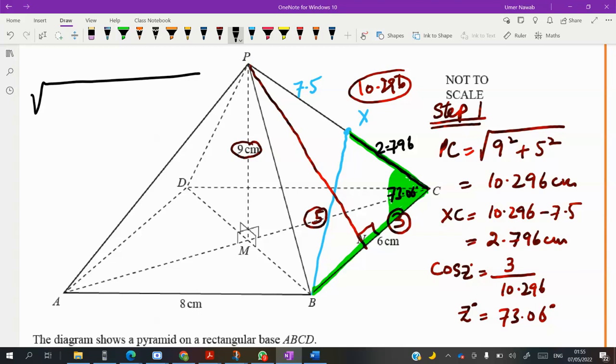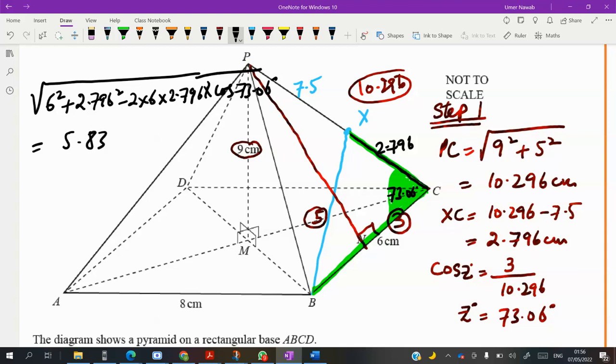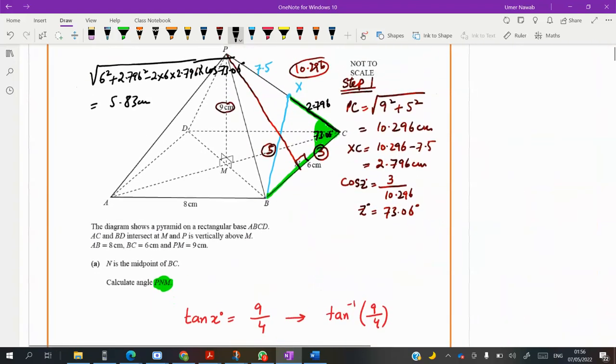I will write the side 6 squared plus 2.796 squared minus 2 times 6 times 2.796 times cosine of the angle between the two sides, which is 73.06, and then it gives us 5.83 centimeters. That's the final answer which will come to us. Thank you, guys.